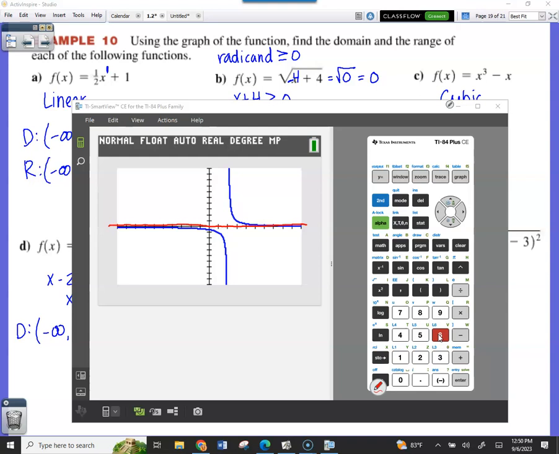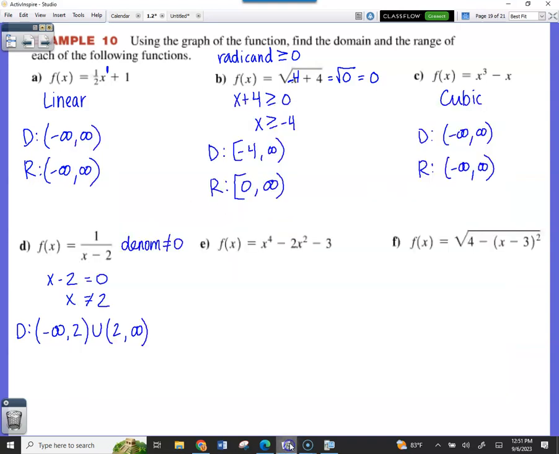But remember we talked about how there are infinite numbers between any two. So even if you keep zooming and zooming, you're never going to see it touch. It's always finding that next number just before it hits 0. So we would say that the range is skipping over 0.